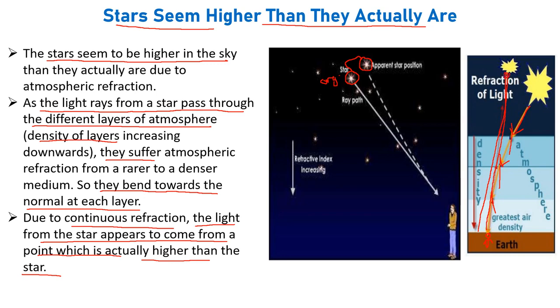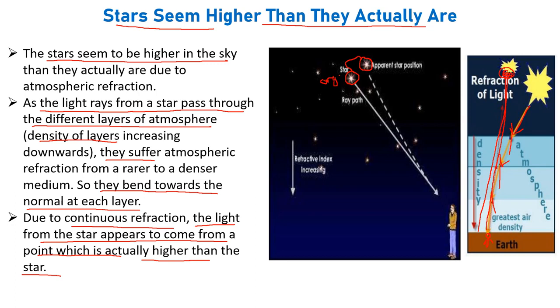Our brain reads that the two rays which are coming from this part of the star, if you extend them backwards, meet at one point, and this point is the source of light.